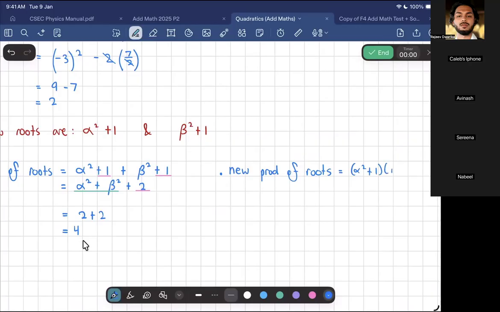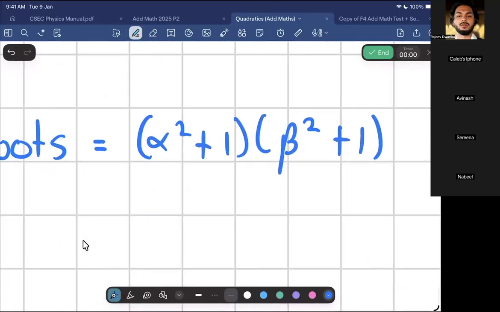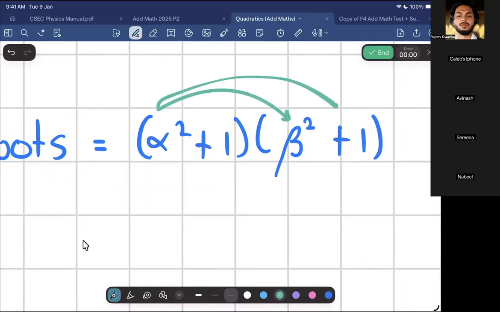Right. How am I going to expand this? It will be alpha squared multiplied by beta squared, and alpha squared multiplied by 1. And next? 1 by beta squared and 1 by 1.